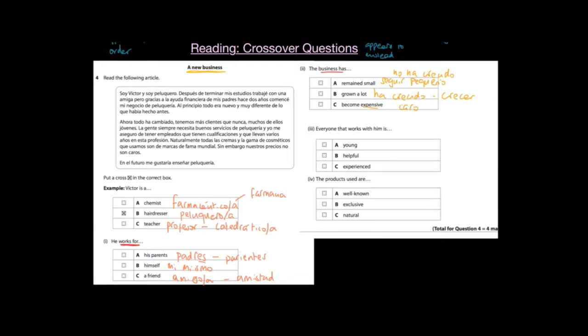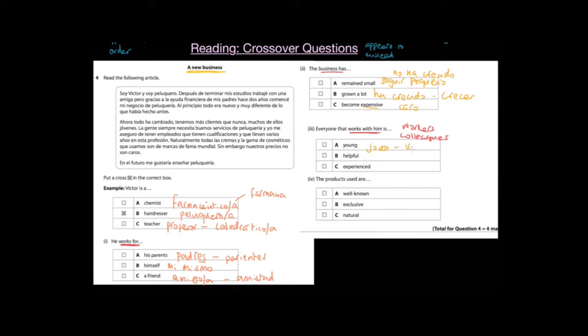Everyone that works with him is. So again, here the key is probably works with him, his workers. Okay, you might want to put here workers or colleagues. So that again you remind yourself quickly, what was this about? Young. So young is joven.